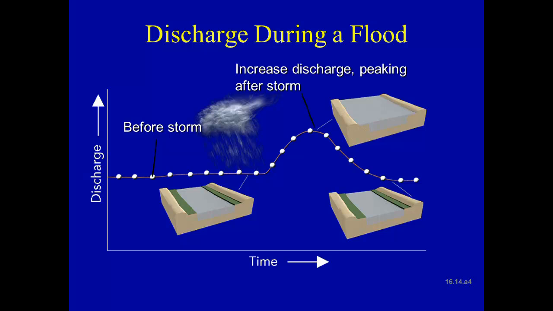And at that point, there's an abrupt increase in the discharge, and that's when we get the flooding event. And the increase in discharge peaks within a nearby stream, peaks following the storm. But over a period of days, the stream will then return to normal well within its banks.